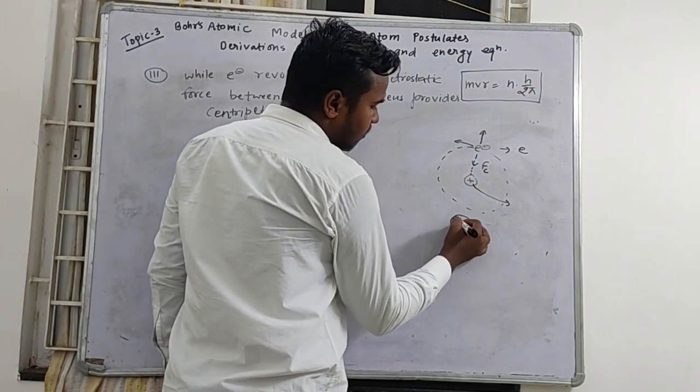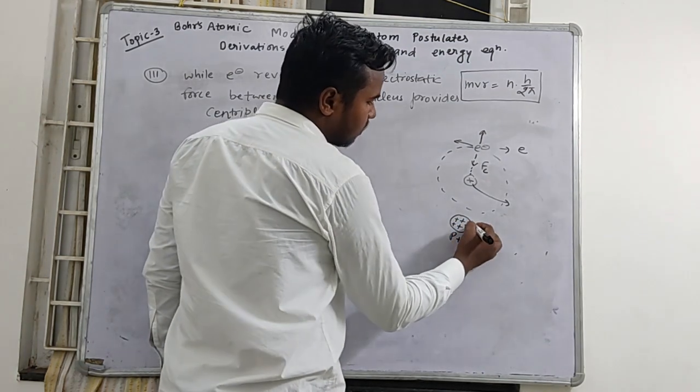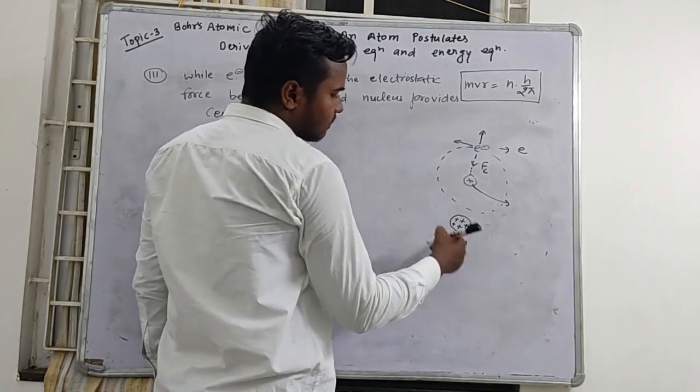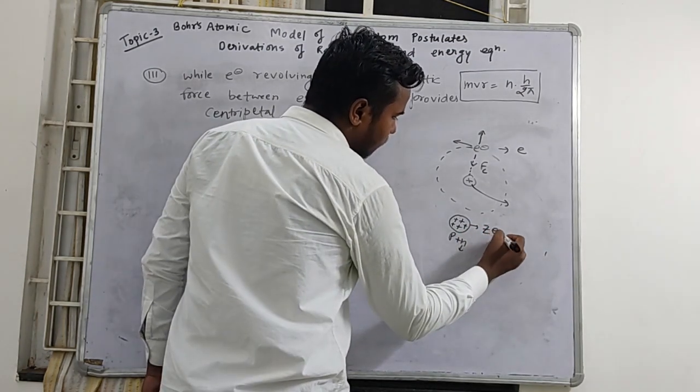So let's assume there are Z number of protons in the nucleus, so the total charge inside the nucleus is Ze.